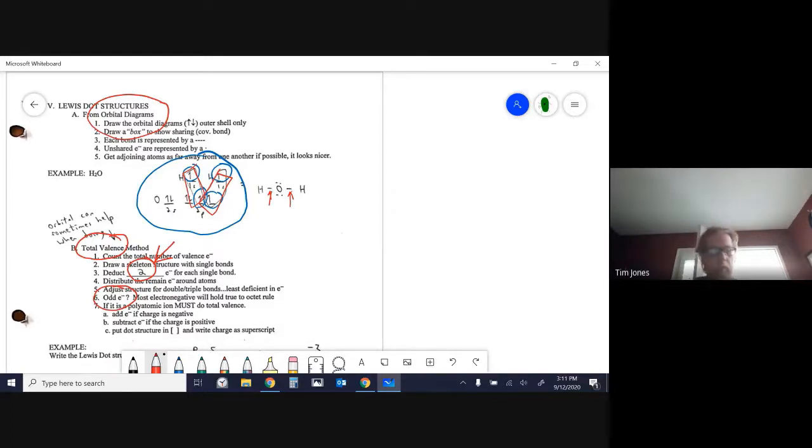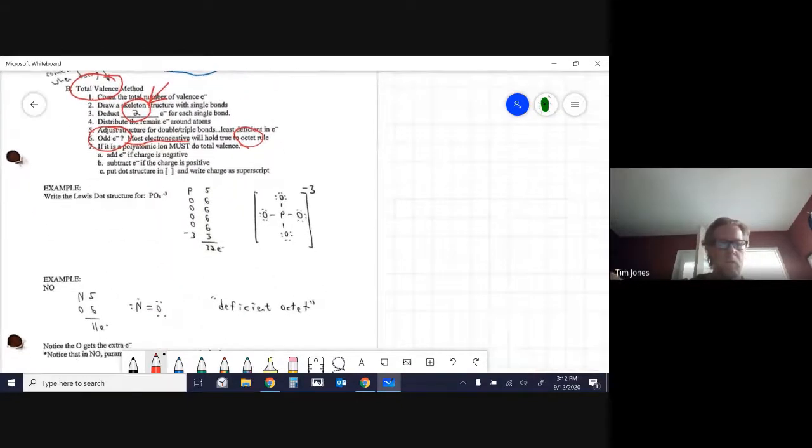However, it is a possibility that we have to address now. If this happens, the most electronegative atom will get the octet, and the less electronegative atom is the one that loses out in this situation.